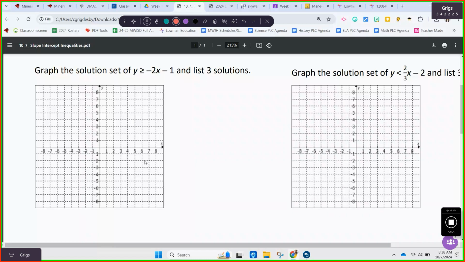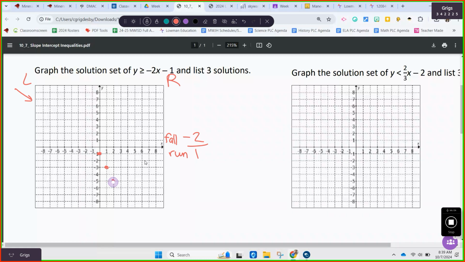It's negative. So if this is the left and this is the right, my negative will start this way and go down like that, right? Okay. What point am I starting at? Negative 1. And if I have negative 2 over 1, I'm really falling 2 and running 1, correct? So I'm going to fall 2 and run this way. I'm running that way because I need my slope to be going in this direction. So that point is 1, 3.